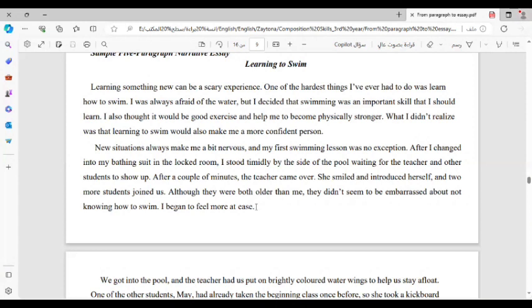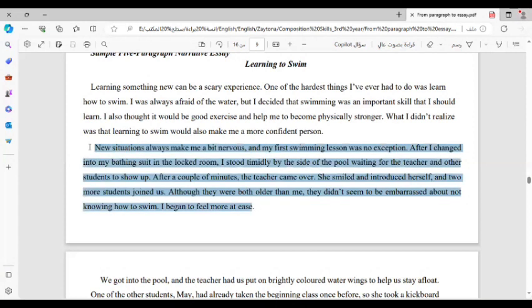Okay, body paragraph number 1. Yes, go ahead, please. A new situation always makes me a bit nervous, and my first swimming lesson was no exception.